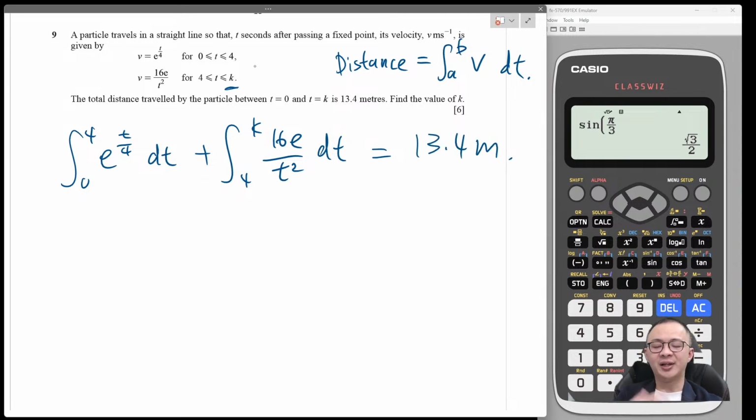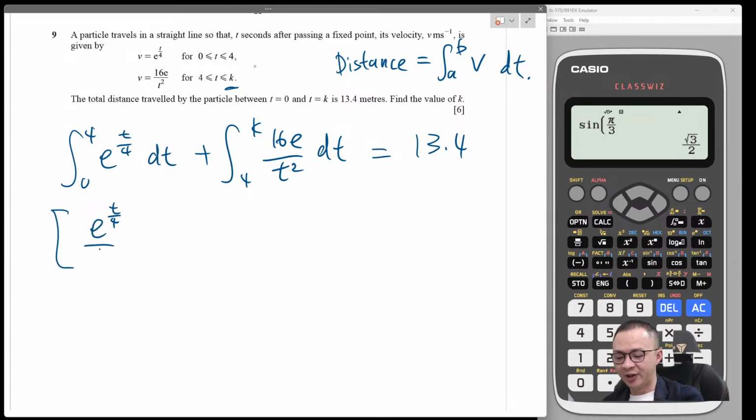I integrate both of them, I add them together, I will get 13.4 meters. Okay, so my objective here is very simple. I want to solve this one to get k. Okay, so let's do it. If I integrate this one, power never change, I will divide it by 1 over 4, same idea as multiply 4, okay? So it's 0 to 4 plus. This one, I believe I can take the 16e out because it's a constant.